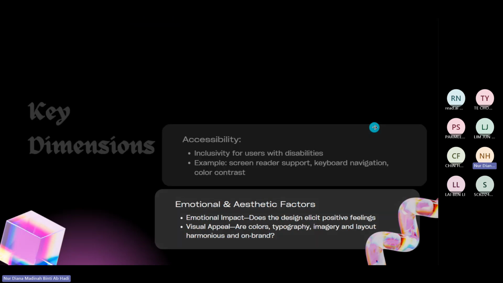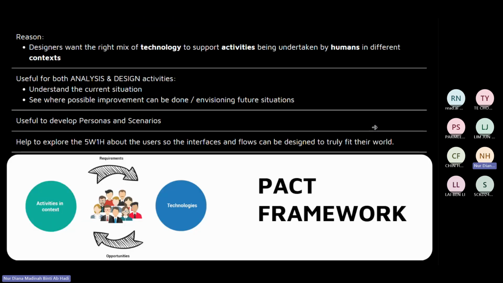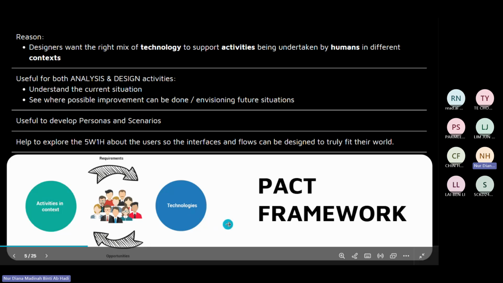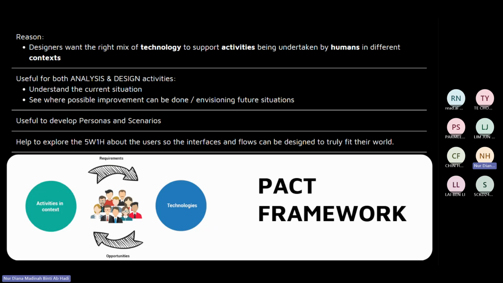Next, we go to the PAC framework. Because of those questions, they produced a framework named PAC. Designers want the right combination of technologies to support the activities done by humans in different contexts.